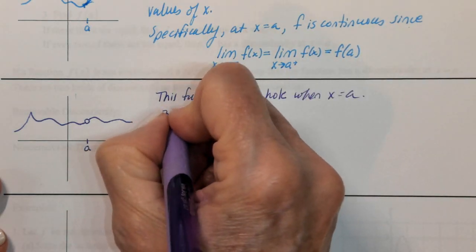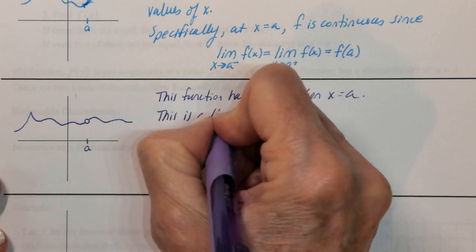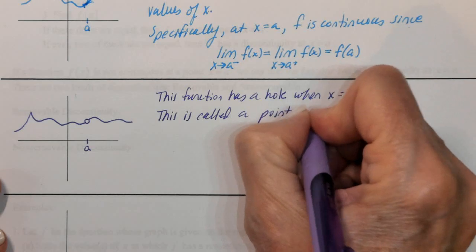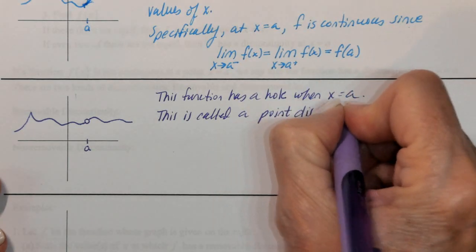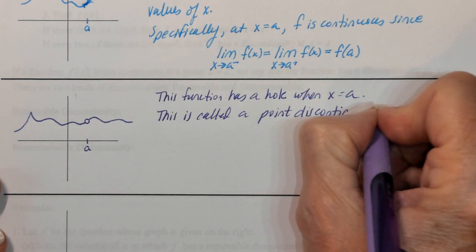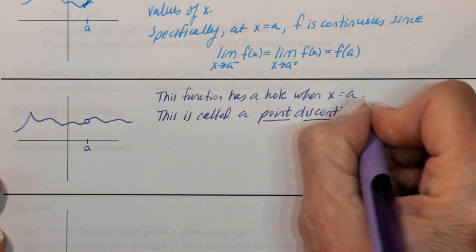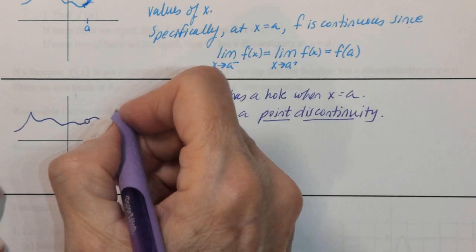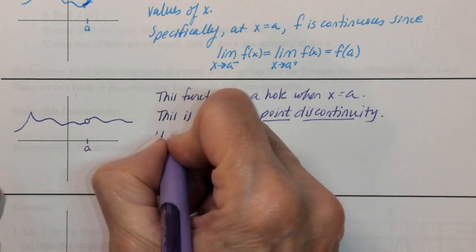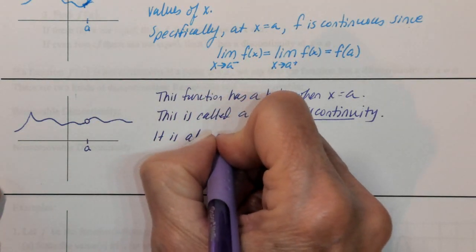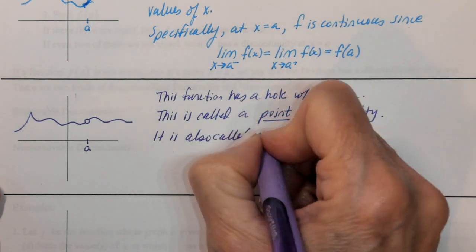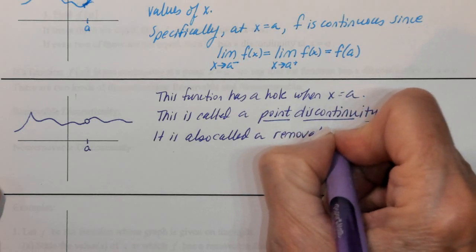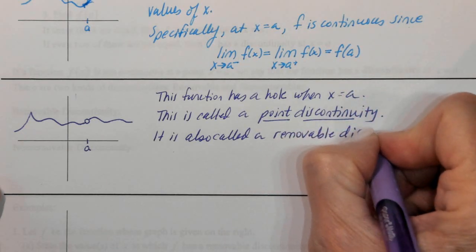This is called a point discontinuity. It is also called a removable discontinuity.